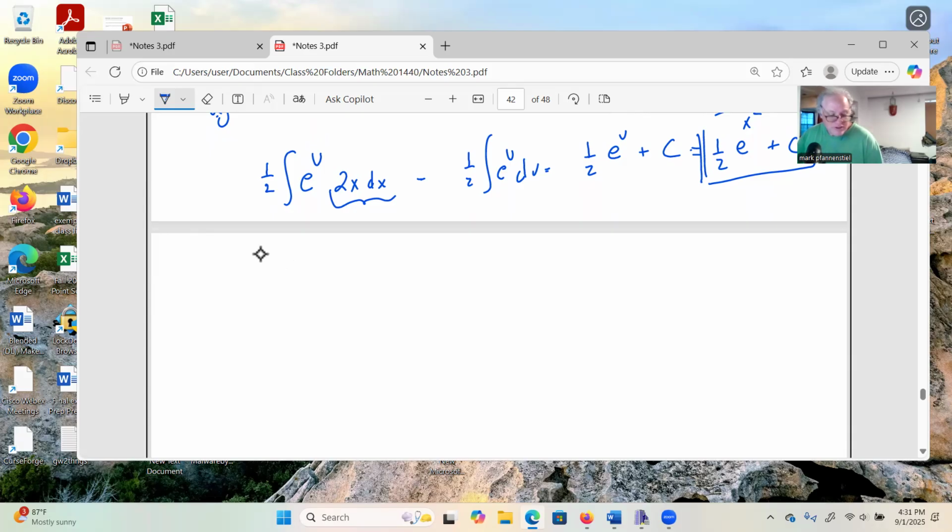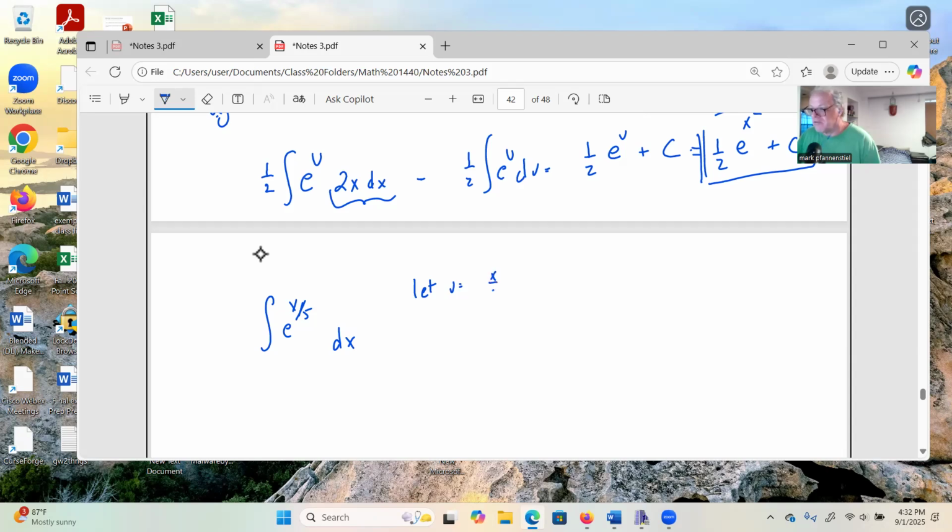Let's try another one. Let's go with the integral of e to the x over 5 dx. Now, this is the technique I'm going to show you, because trying to memorize this exponential form can be a little bit difficult. So we're going to say let u equal, what's the problem?